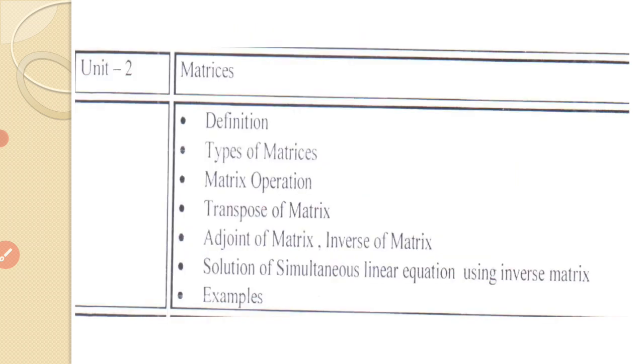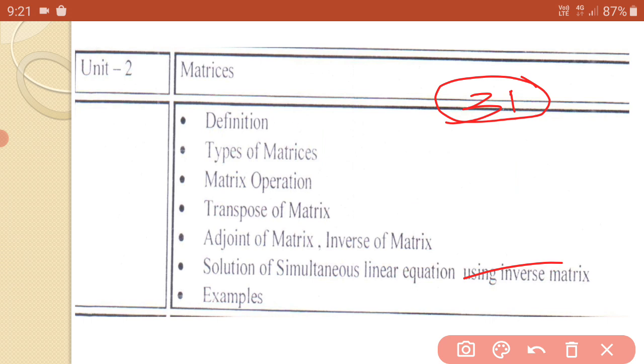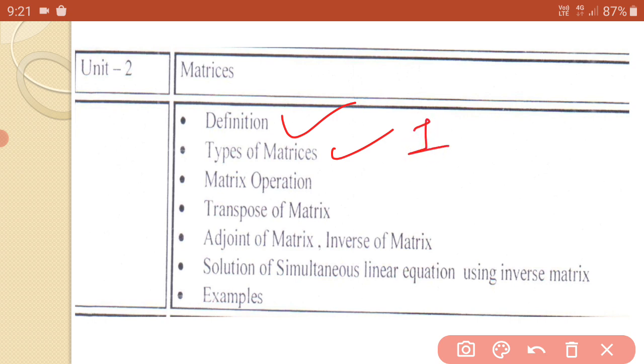In this chapter, we cover these points: definitions and types of matrix, which are theory questions. Lecture number 1, matrix operations. Lecture number 2, addition, subtraction and multiplication, etc. Transpose and adjoint of matrix. Lecture number 3, and inverse. Lecture number 4.